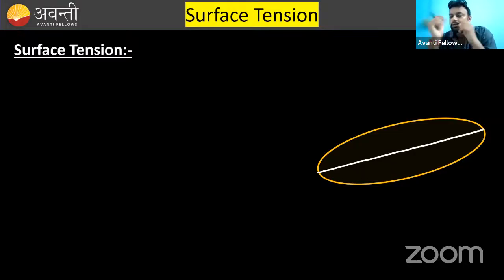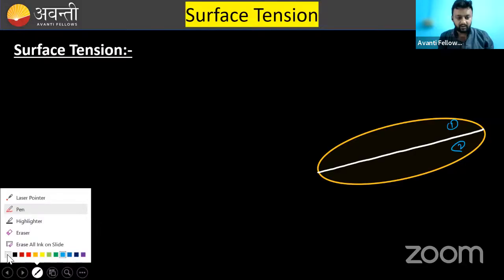Clear? So this is a stretched rubber surface. This is part one and this is part two. We have divided it into two equal parts by an imaginary line.